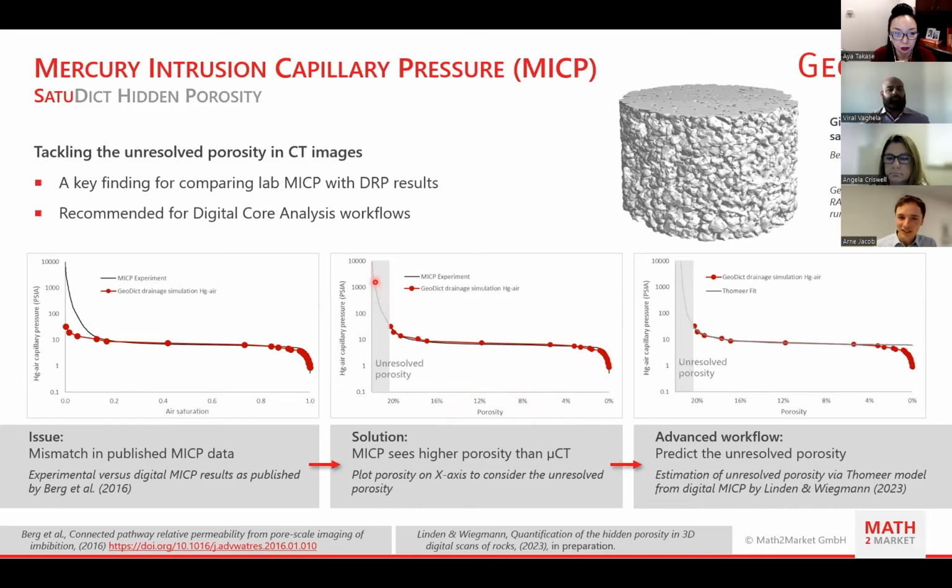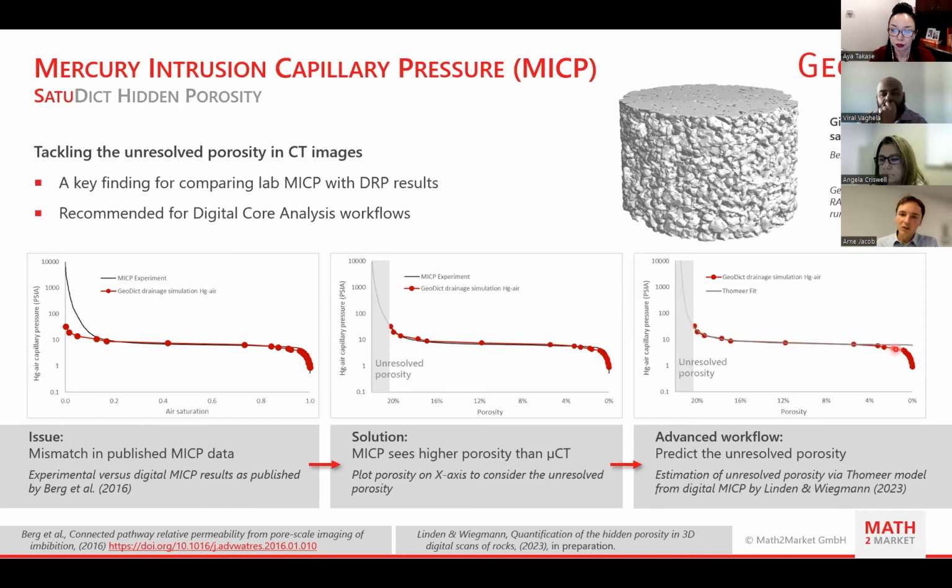because it is not visible in the micro-CT scans. And what we did then is we implemented a Tumor fit, or a so-called Tumor model, which is also used widely in the oil and gas industry. And that allows you to approximate the amount of porosity you have unresolved in your structure.